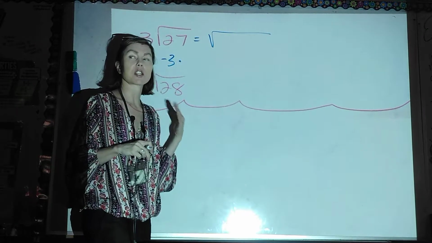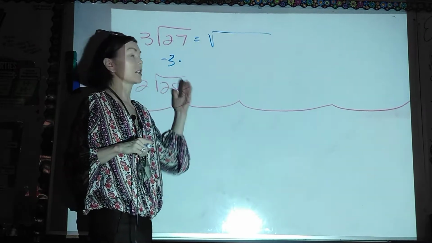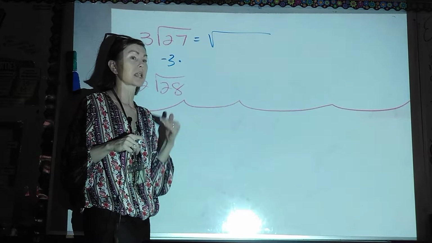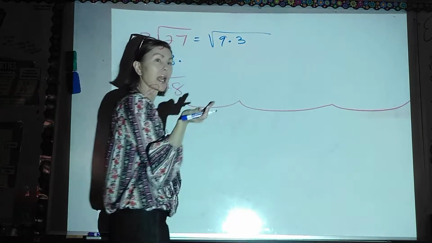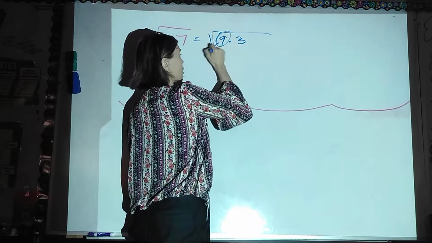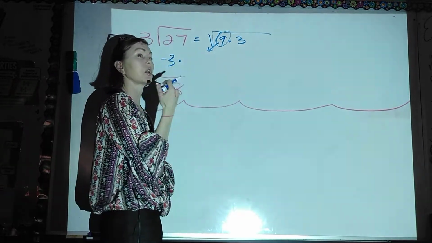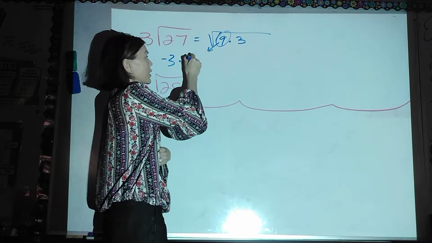So again, the question is what times what gives me 27, and one of those numbers has to be a perfect square. So that would be 9 times 3, right? We circle the 9, draw the arrow to symbolize that we're pulling out the square root of 9, which is 3.